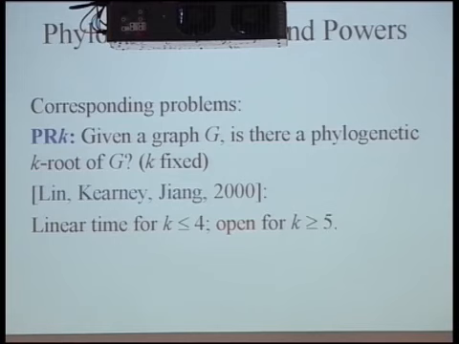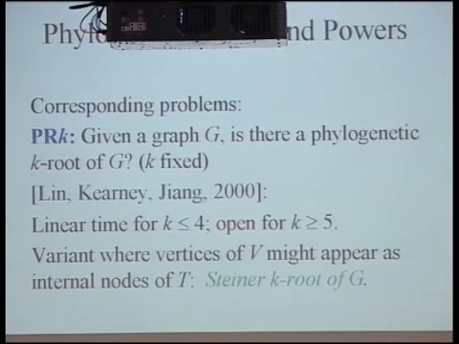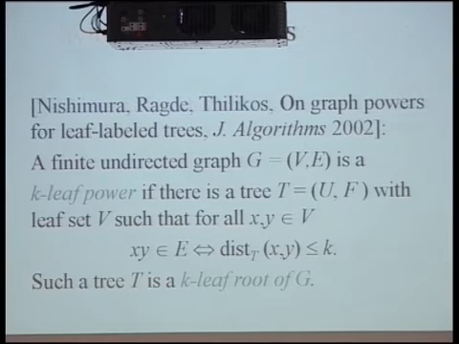But this is not about leaf powers. Leaf powers is a similar concept. And you can also look at the variant, which is called Steiner K-root, where you do not only have the species at the leaves, but you have it at internal nodes as well. And now we can come to leaf powers and leaf roots.